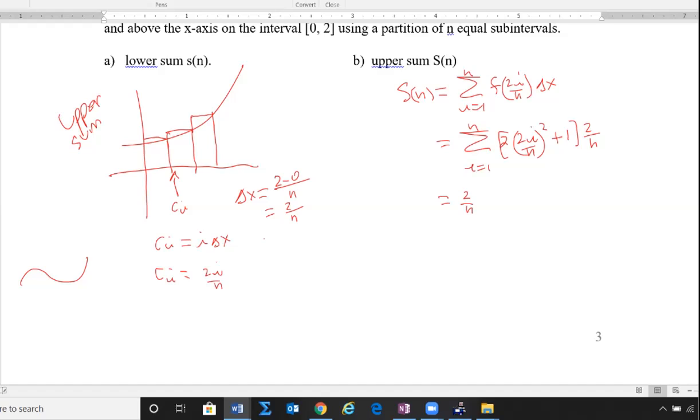So we have a 2 over n, and we'll have this sum. The first one in here is going to be 4 to 8 i squared over n squared, and then plus a 1, like so.